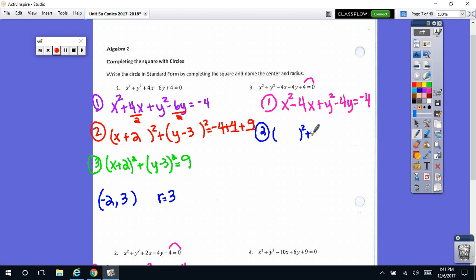Bubbles. And my blanks. X bubble, y bubble. Negative 2, negative divided by positive, negative 2. Both of these are positive.